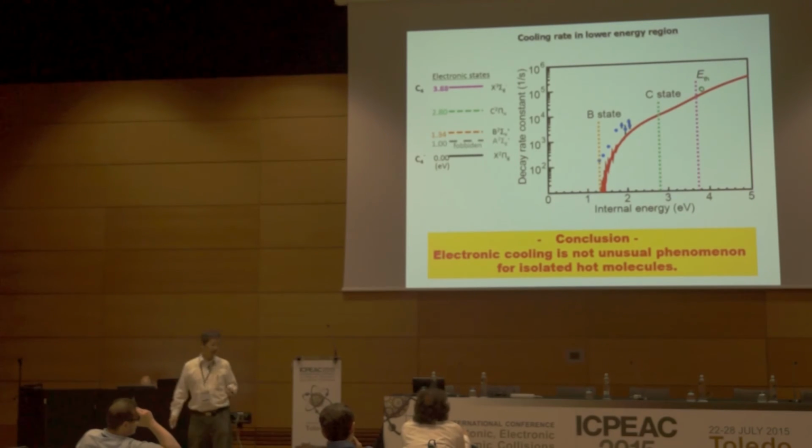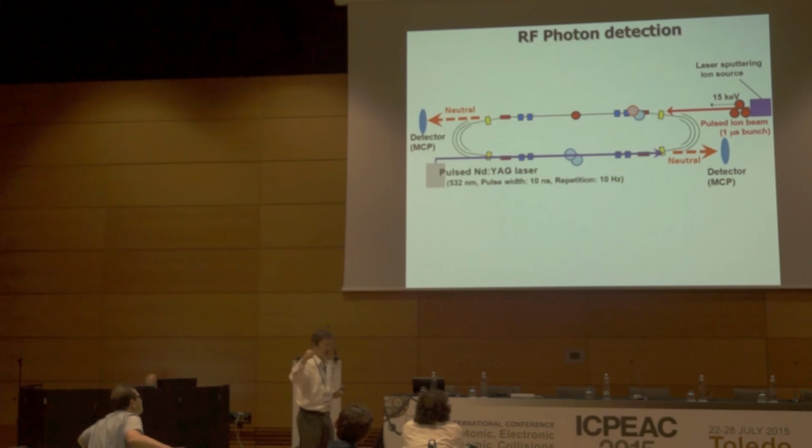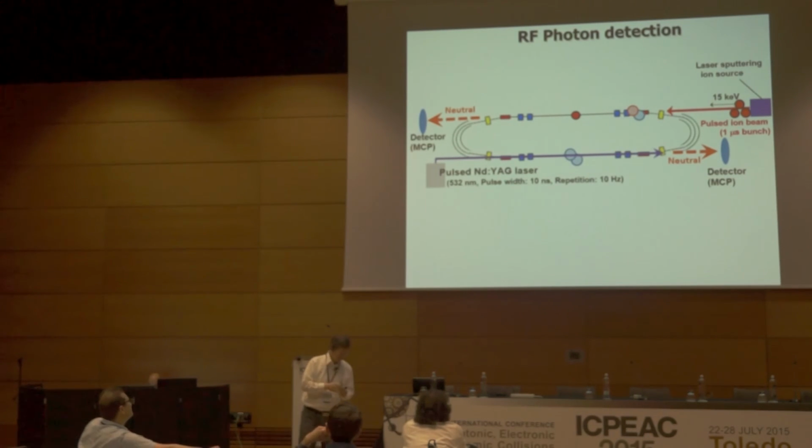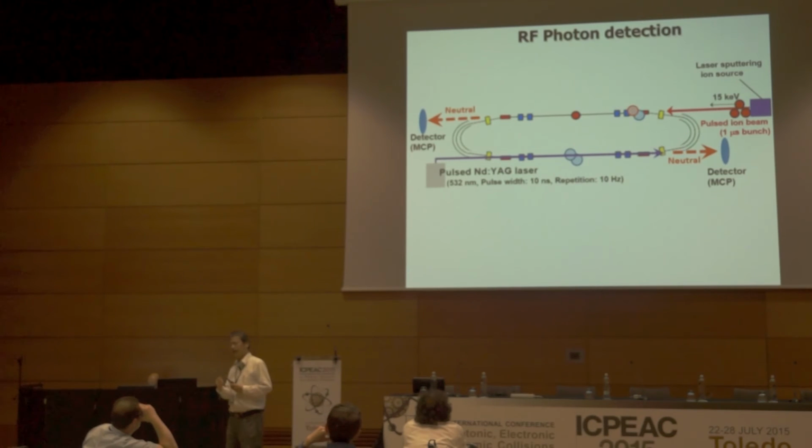Well, now I'd like to go to the new one. There is an electronic transition, so there are some recurrent fluorescence photons. We should try to measure these photons. This was actually a hot topic 35 years ago.